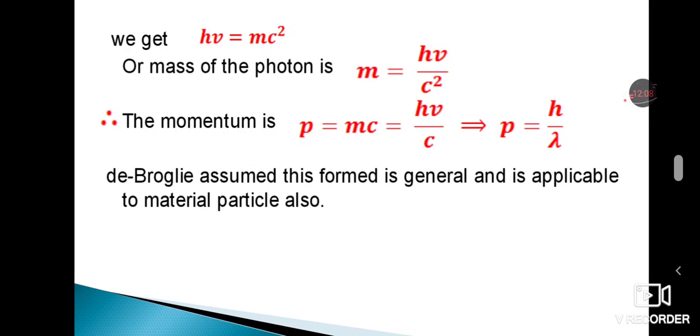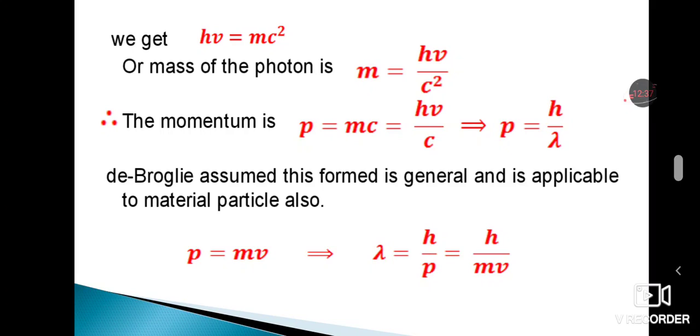So de Broglie assumed that this form is general, whatever the mass of the photon and the momentum we are getting. So this form is general and is applicable to material particles also, not only the waves; we can also apply it for matter waves. That will be given now. So for the matter wave, we can write the momentum p is equal to m into v.